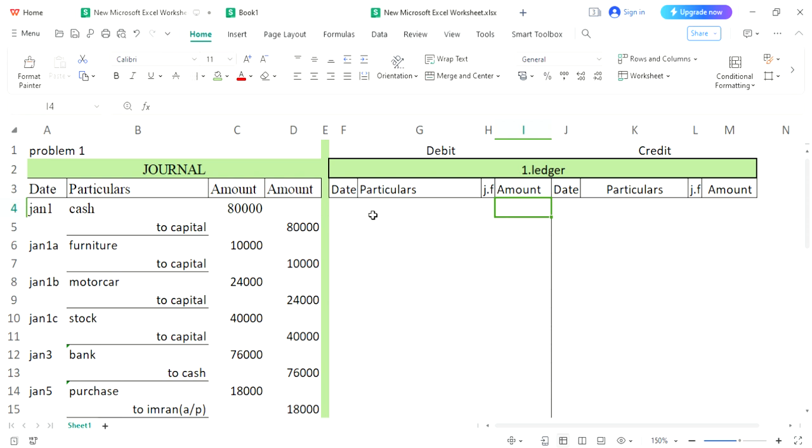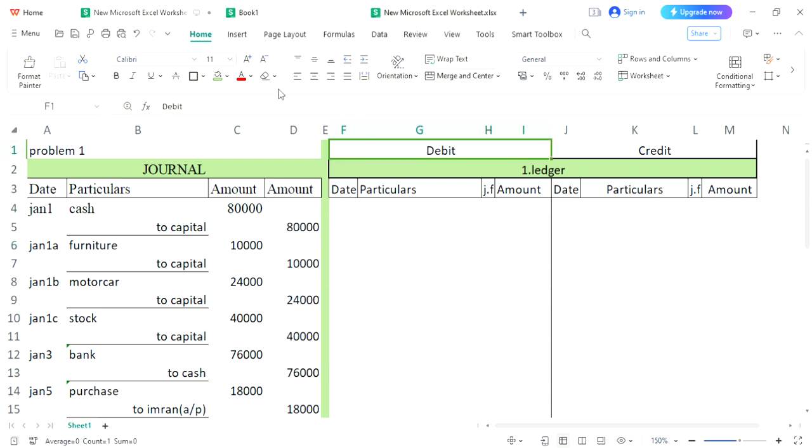Whenever you see anything on the debit side, let's arrange. I was looking for this border so that you can understand these are two different aspects of the ledger. So we have divided it into two parts. One side you can see is debit, the other side you can see is credit.